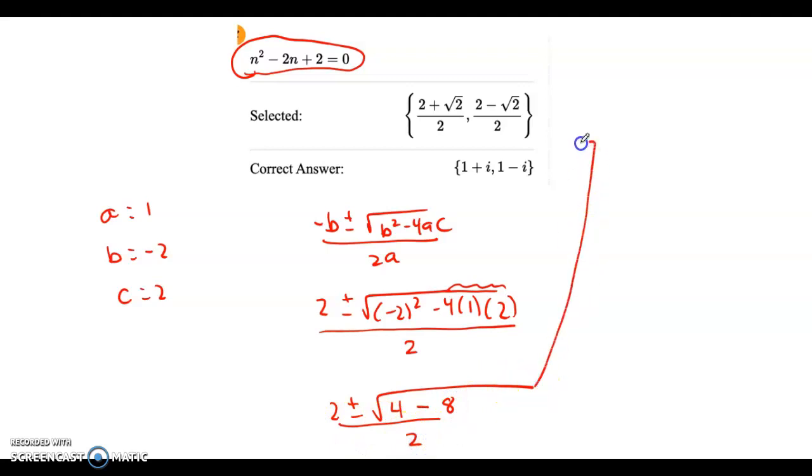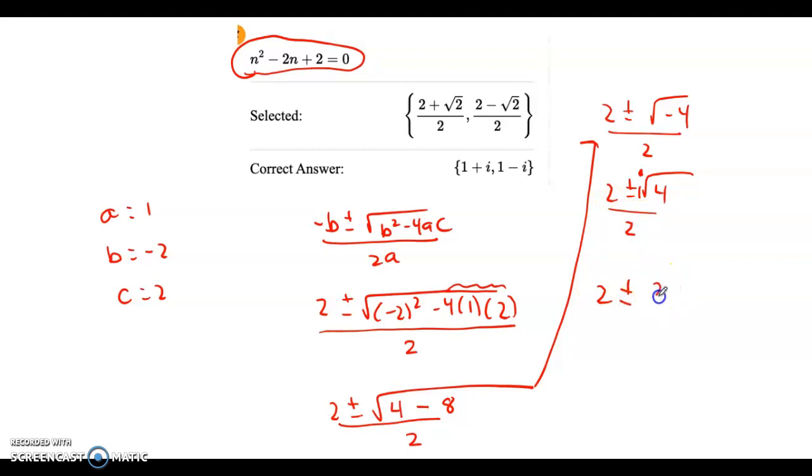And then when you simplify it, you're going to come up with 2 plus or minus the square root of -4 over 2. Well, in class we talked about when you have a negative inside the radical, you're going to pull the i out. Square root of -1 is the same thing as i, and you're left with the square root of 4. Square root of 4 is a perfect square, so square root of 4 is 2.